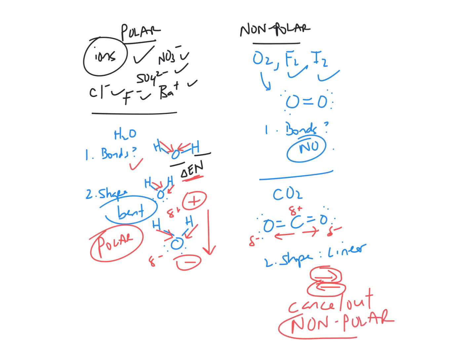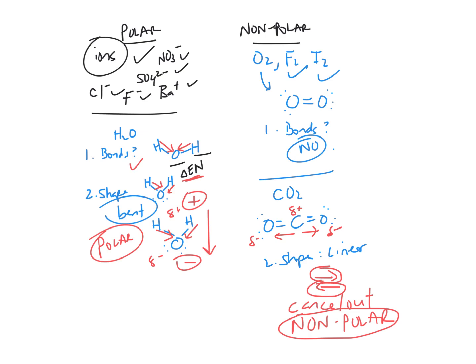If you do vector analysis of vectors representing the polar bonds and the way they pull in 3 dimensions, and it turns out there's no resultant vector, you know it's non-polar. If you do the vector analysis and you end up with any resultant vector at all, that means one side of the molecule is negative and the other side is positive, or at least slightly negative and positive, and you're going to declare that molecule to be polar, okay?